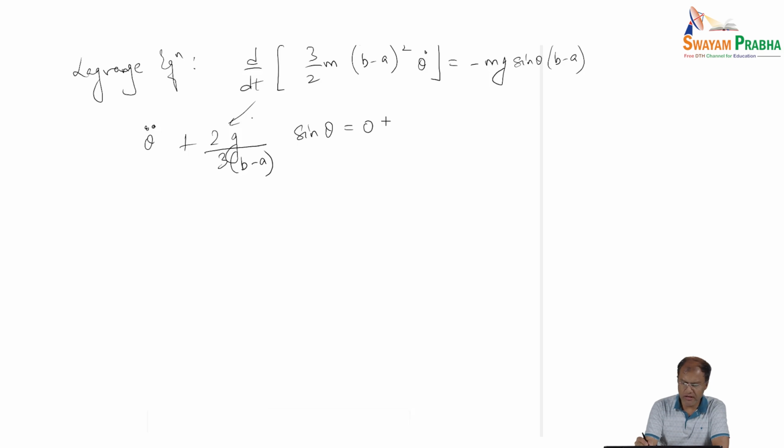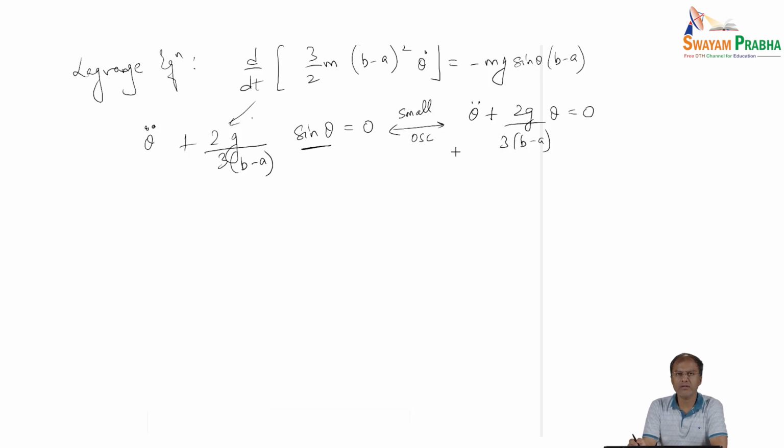For small oscillation, I can replace sine theta by theta. Small oscillation means that the angular displacement theta is small. We can rewrite this equation of motion with 2g by 3(B minus A) times theta, and this is the equation for small oscillation.